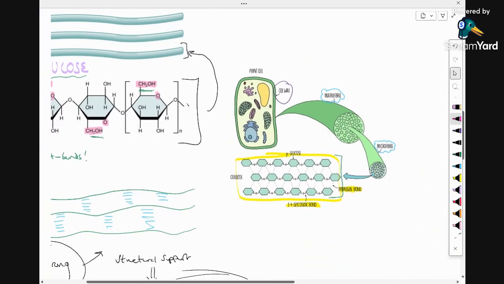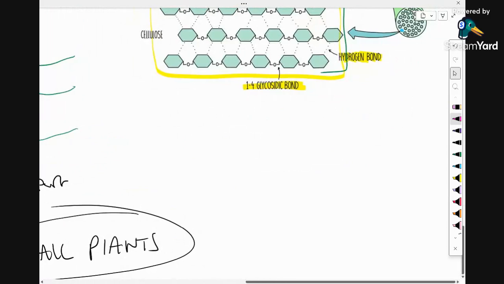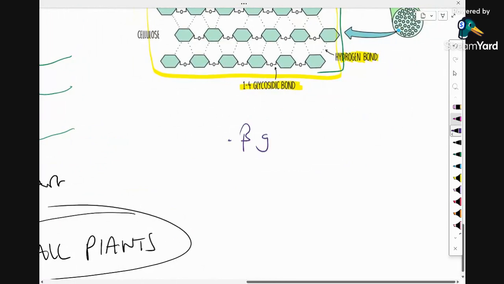So how is cellulose adapted? Well, it's made up of beta glucose. How is it adapted to its function? Beta glucose: every other molecule is inverted 180 degrees.